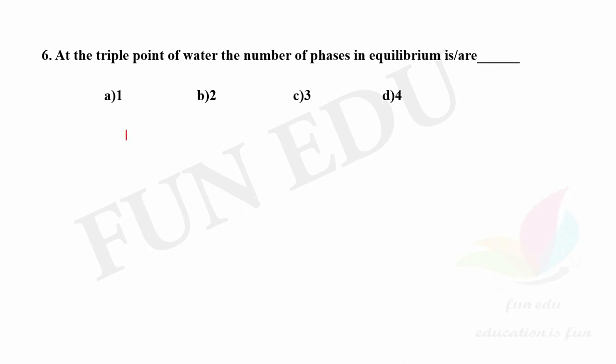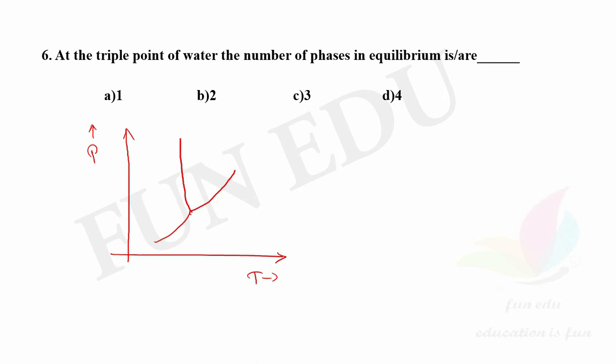So this is simple. You have already studied the phase diagram of water, correct? So in the phase diagram of water, you can see pressure against temperature, correct? Yes. So if you draw the phase diagram of water, then we can clearly see that at the triple point, we have equilibrium between solid, liquid and gas.